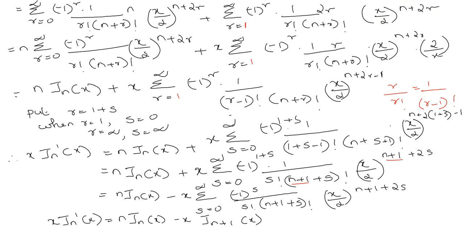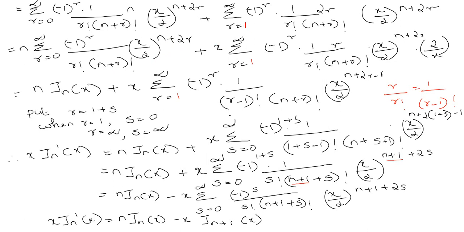Now in the next step, we are multiplying and dividing the second term on the RHS by x. Okay, that is the next step. From the first term we can take this n outside the summation, so the first term is n into sigma r = 0 to infinity, (−1)^r divided by r factorial into (n + r) factorial into (x/2)^(n+2r).